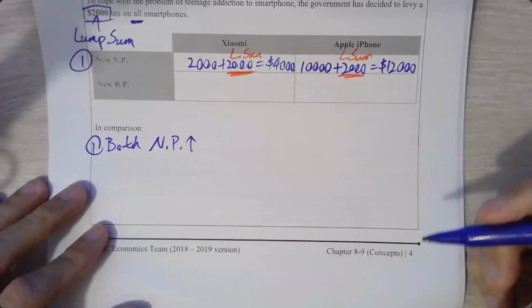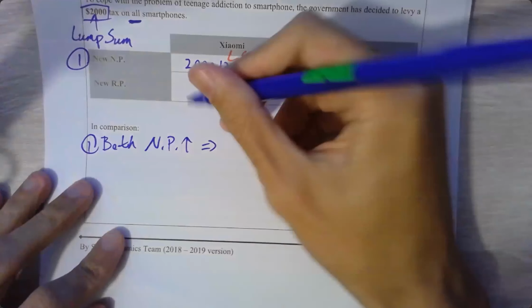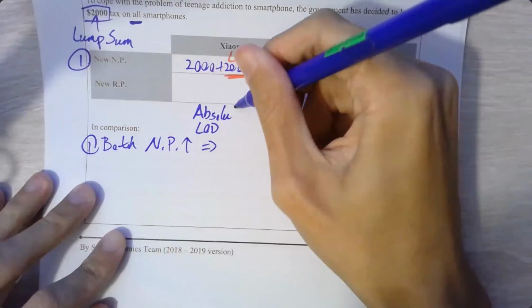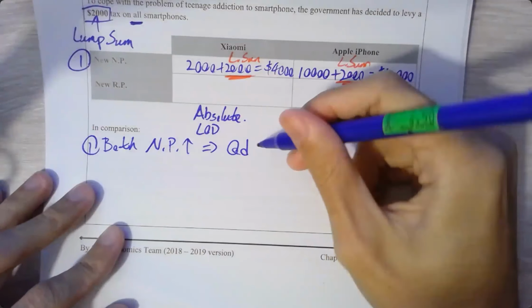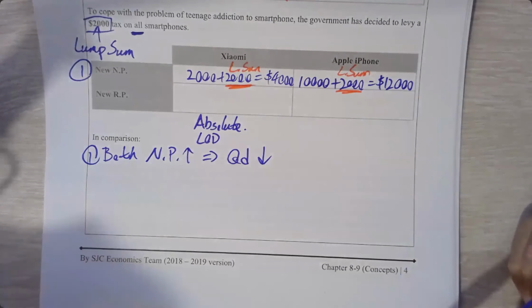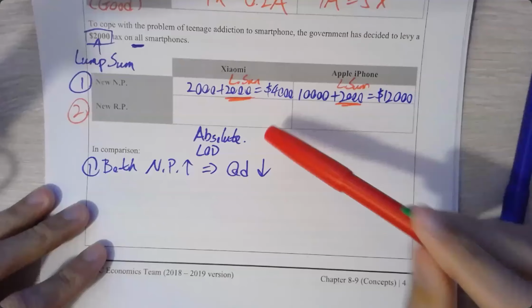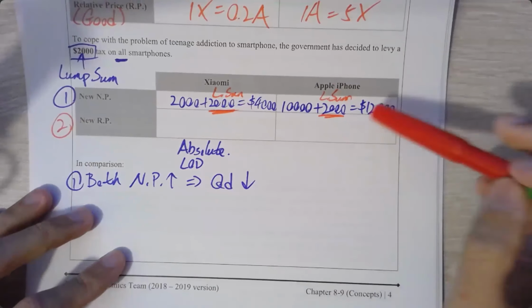So the conclusion is, we are definitely sure by the absolute version of the law of demand that the quantity demanded for both would decrease, because both became more expensive. Both will definitely be bought less.